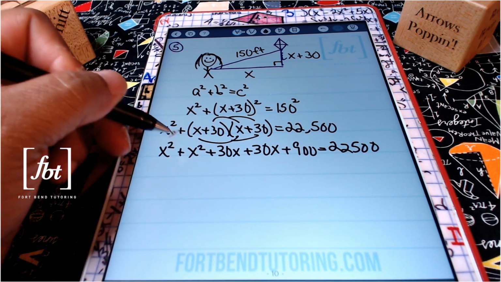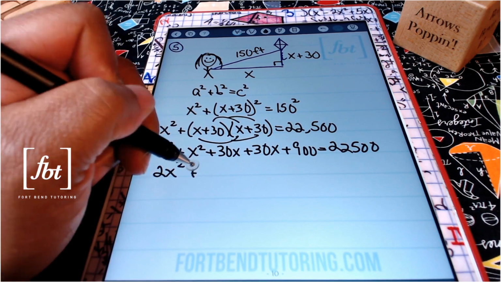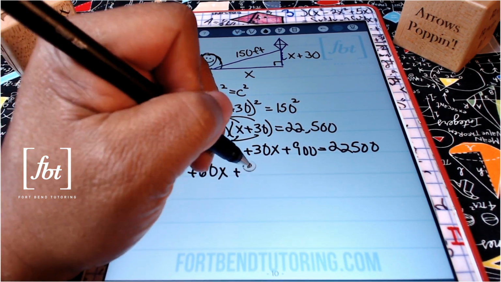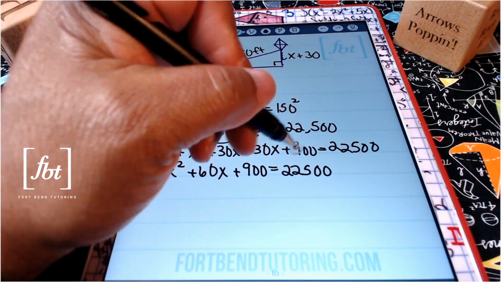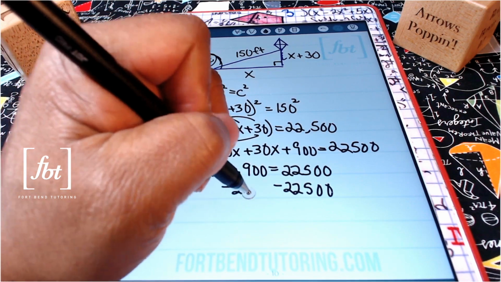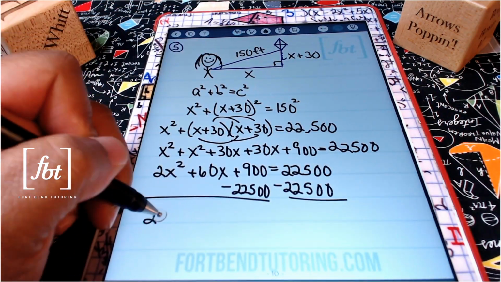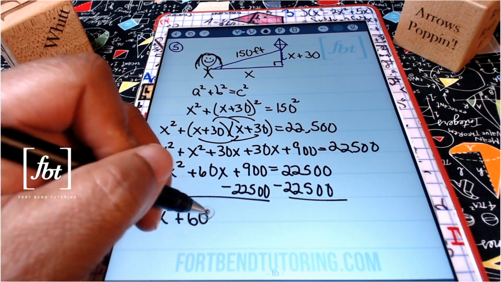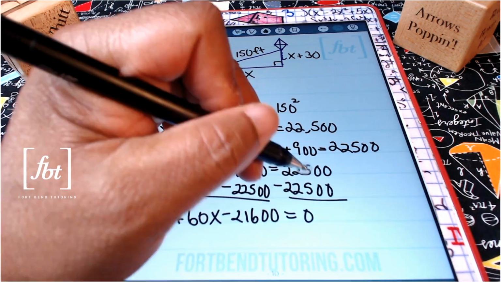You'll have x squared plus x squared, which is 2x squared. We'll have 30x plus 30x, which is 60x, plus 900 equals the 22,500. Then we'll subtract 22,500 from both sides of the equation here, like so. Bringing down 2x squared plus 60x minus 21,600 equals 0.